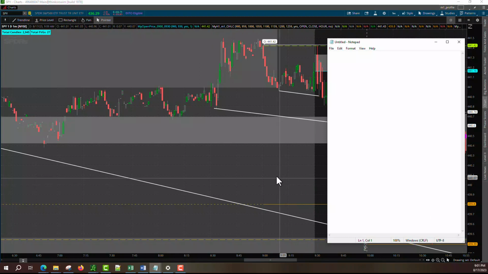Okay, so in real time, here's what I was thinking at that moment. I saw this right here. Basically, I saw it make a lower high, which is a buy side liquidity trap. So it's a lower high, a buy side liquidity trap, right?